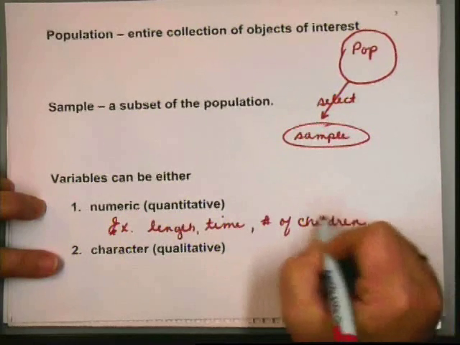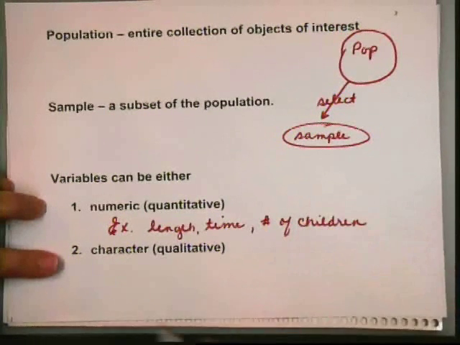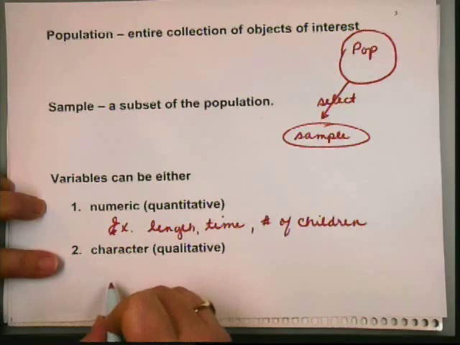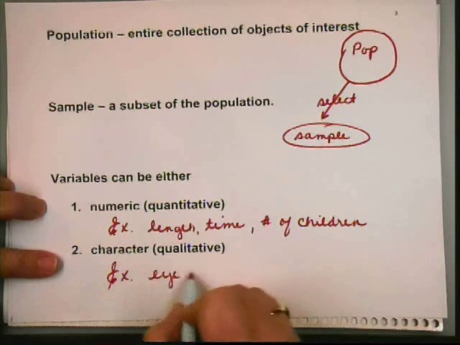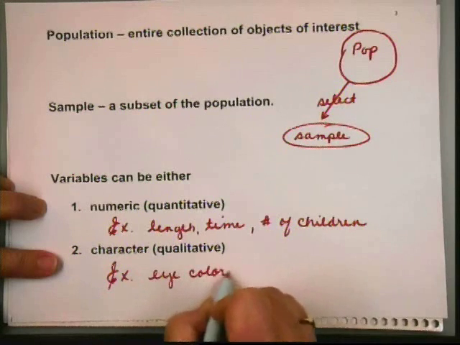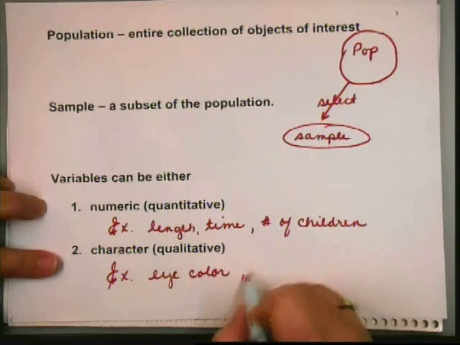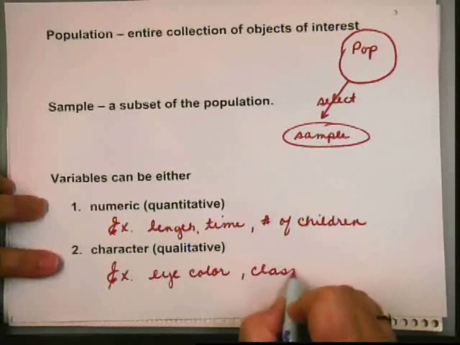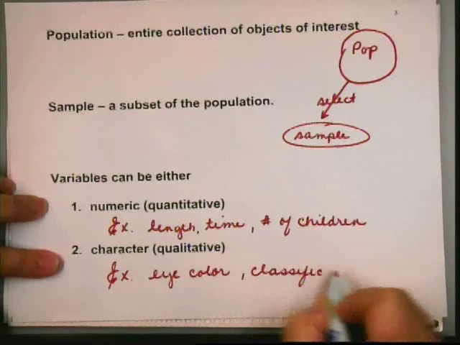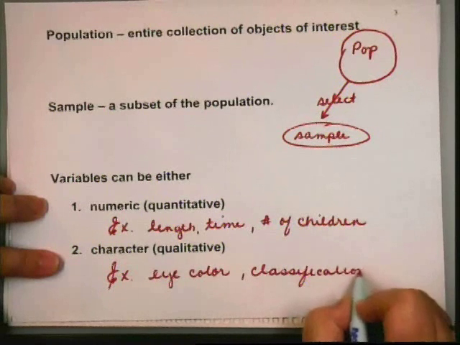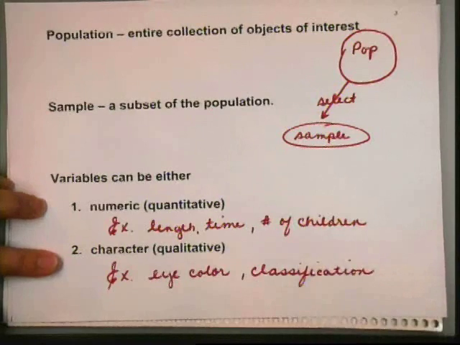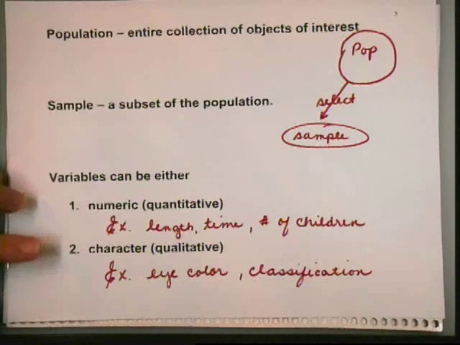And of course, we could think of infinitely many possible things there. For character or qualitative variables, things that you may record are eye color. Could be your student classification. If a person is an undergraduate, are they freshman, sophomore, junior, or senior? At the graduate level, are you a master's, PhD, EDD, or vet?